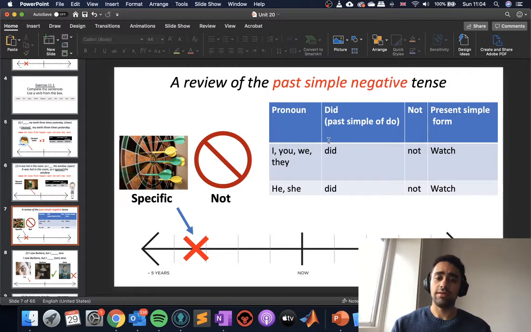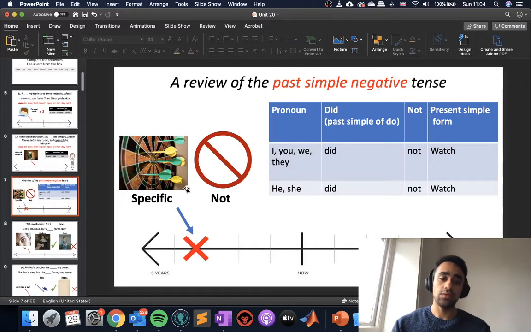We use did as our helping verb to have a negative form, and then the verb comes in its infinitive form. So it will be I didn't or I did not clean. I did not open.